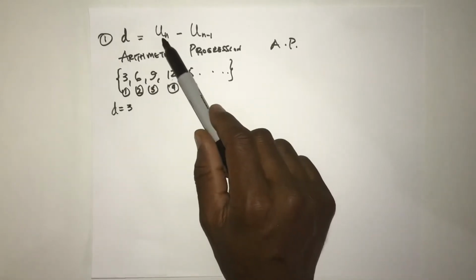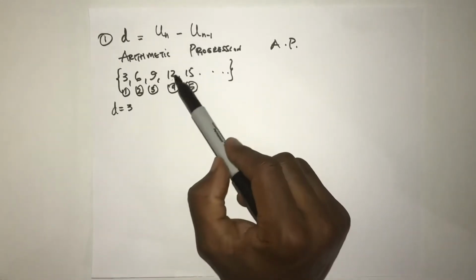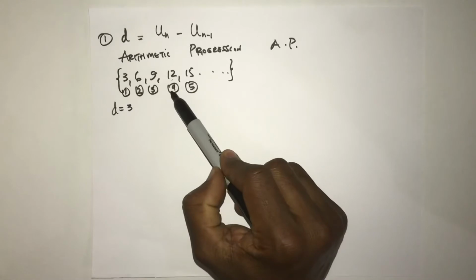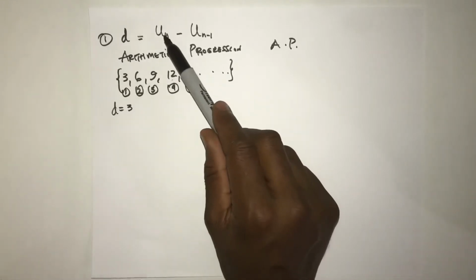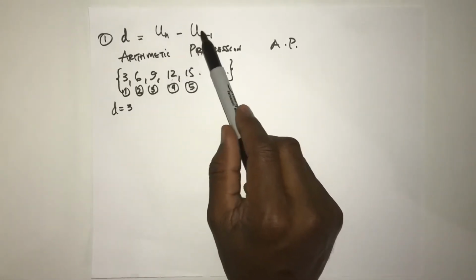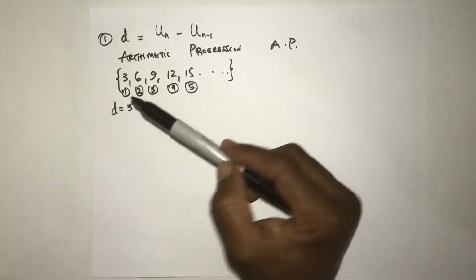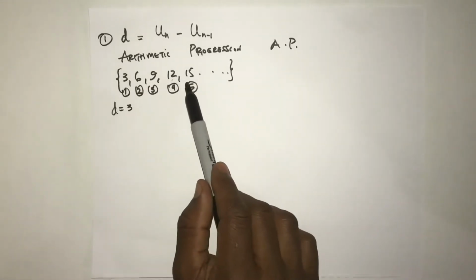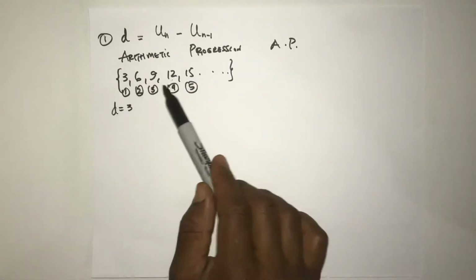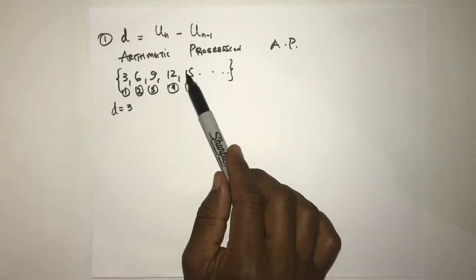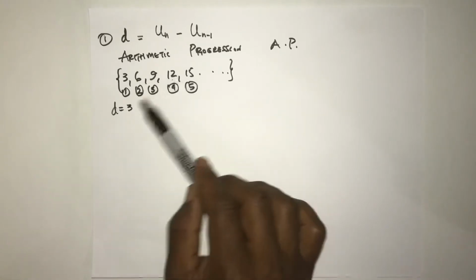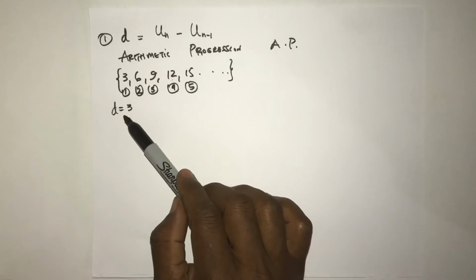If we are using 5, this would be the fifth term minus the fourth term, which is still 3. If we are using 2, it's the second term minus the first term, which is also 3. So it doesn't matter which term you take, as long as it's the subsequent minus the preceding, you will always get the same common difference of 3.